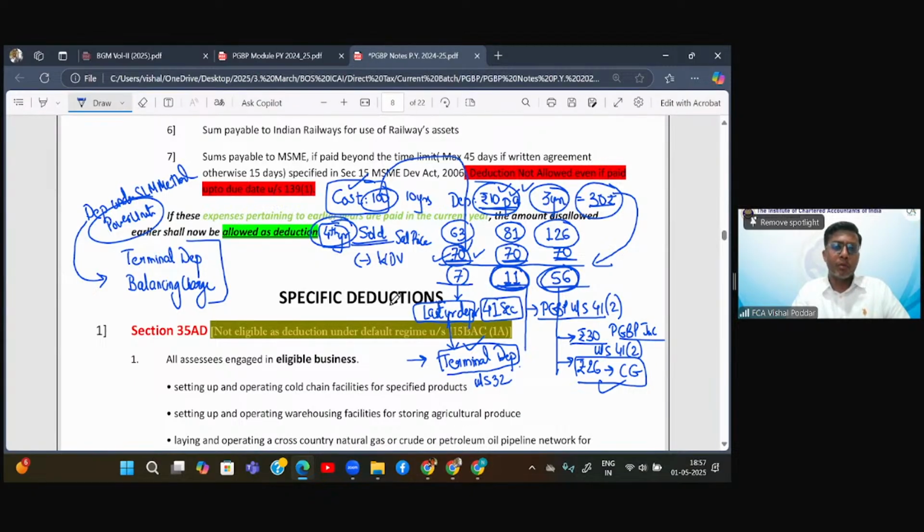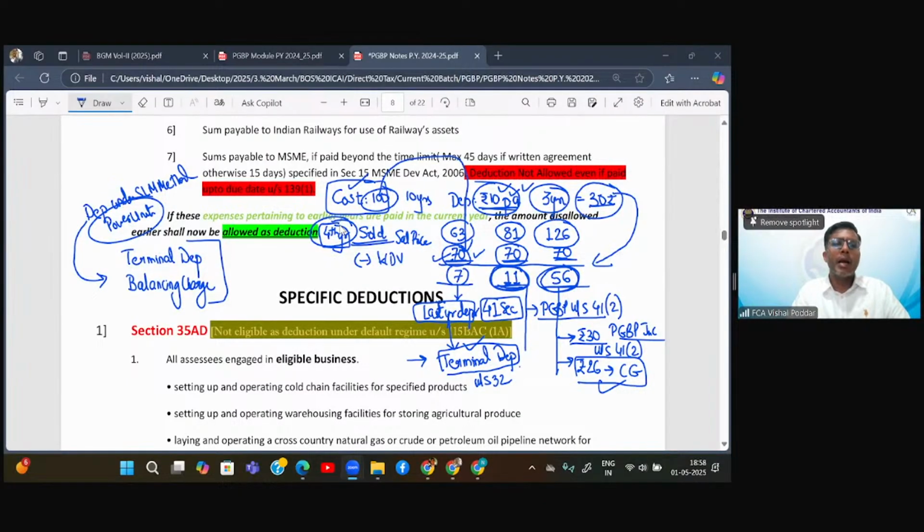Now I'll tell you a beautiful point. Even accounts does the same thing. How? In accounts, whenever you have a profit or loss on sale of an asset, you don't consider it as a capital loss or a capital profit.